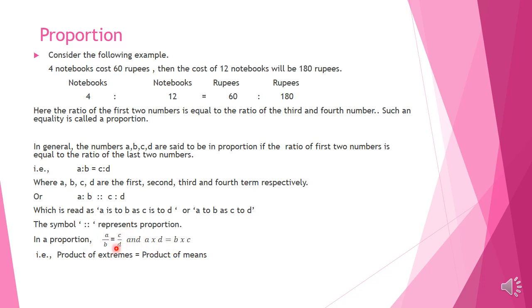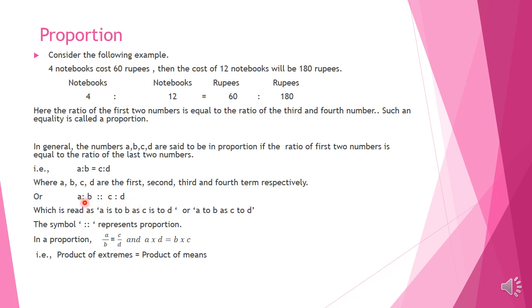Okay, so one important point about proportion is product of extremes is equal to product of means. Extreme means first and last numbers. If it is a proportion A and D, these are the first and last numbers. B and C are the middle numbers.